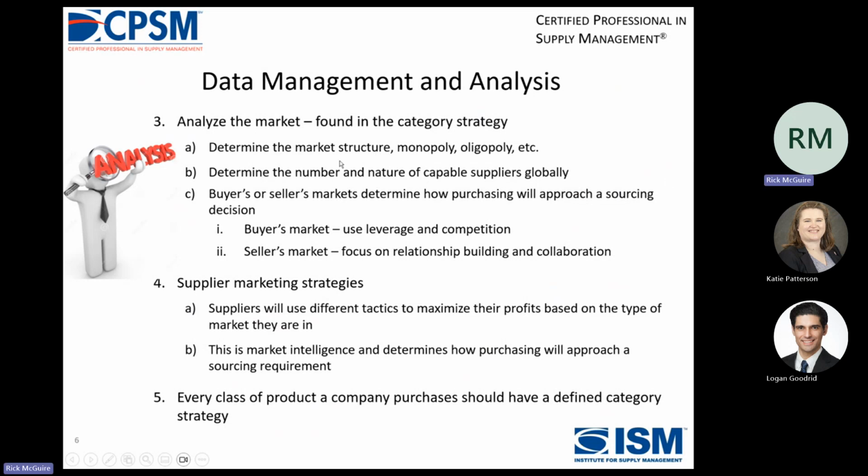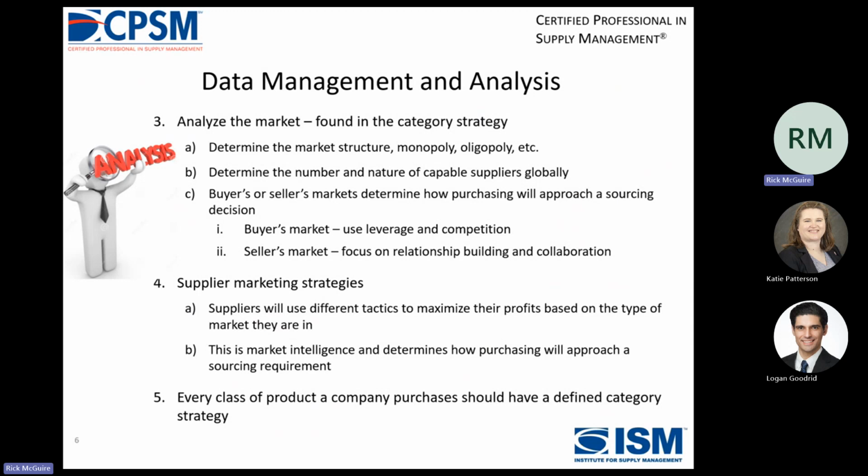Analyze the market. So determine the market structure: monopoly, oligopoly, etc. Determine the number and nature of capable suppliers globally. There might be a number of metal bender suppliers, but there's only a certain number that can meet our requirements. Buyers' or sellers' markets determine how purchasing will approach a sourcing decision.